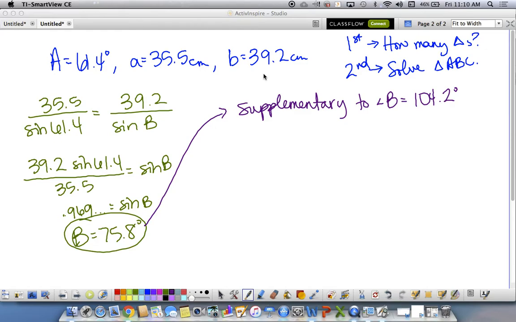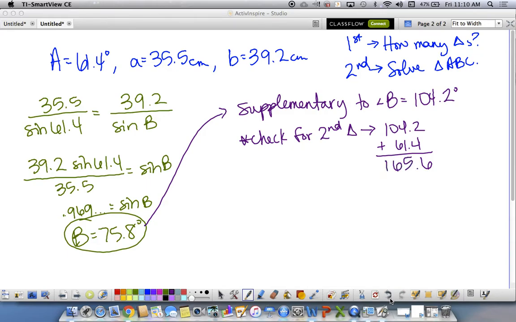Now to check to see if this is going to make a second triangle, what do we have to do? We're going to see if it's less than 180: 104.2 plus my given angle of 61.4. When these two add to 165.6, guess what that tells us?